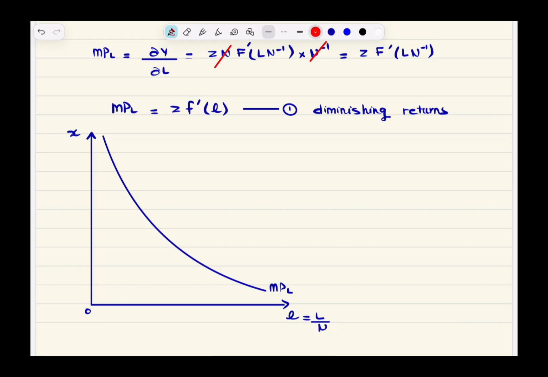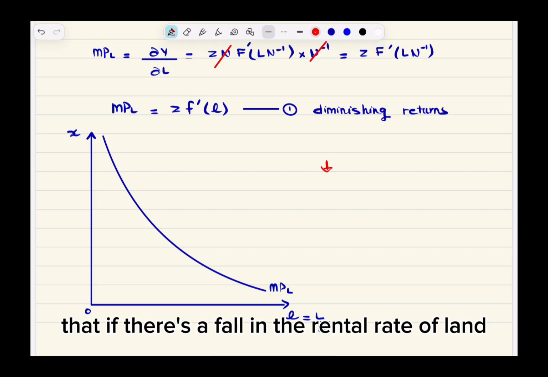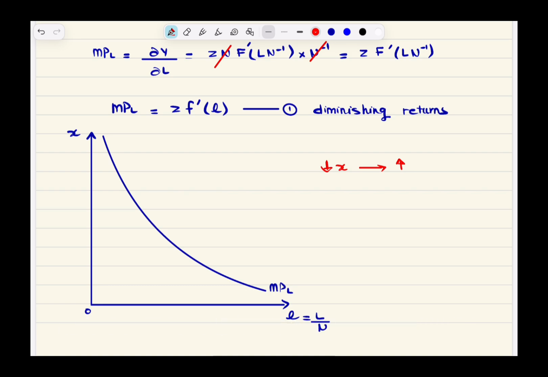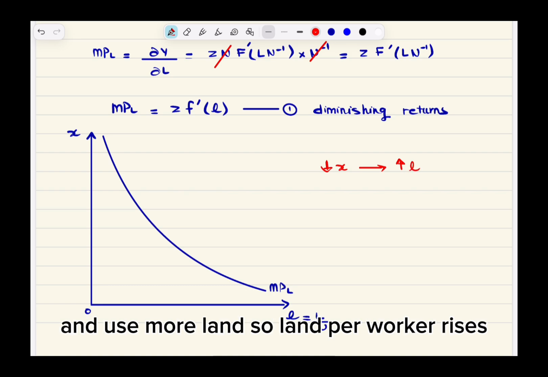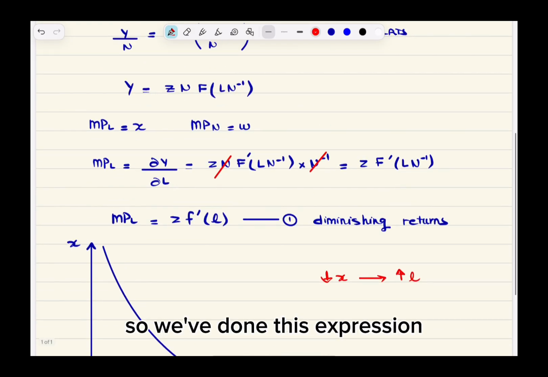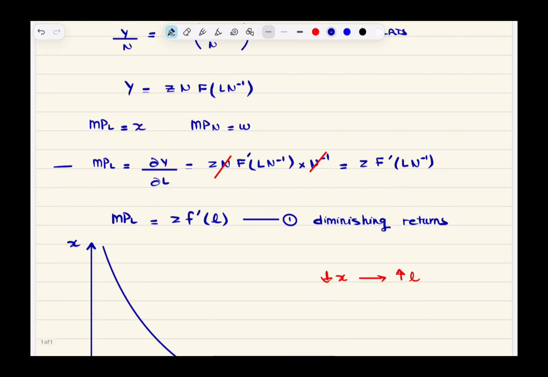It shows that if there's a fall in the rental rate of land, it becomes easier for people to buy and use more land, so land per worker rises. Okay, so we've done this expression.